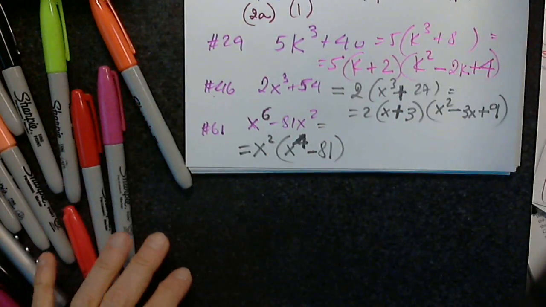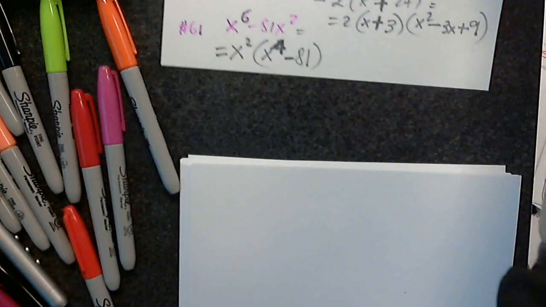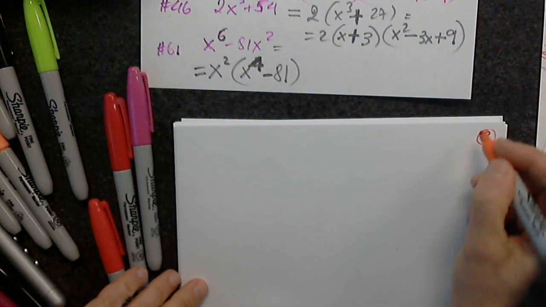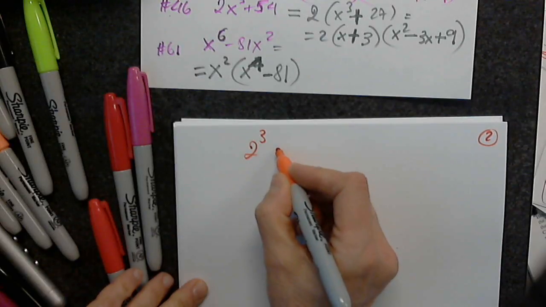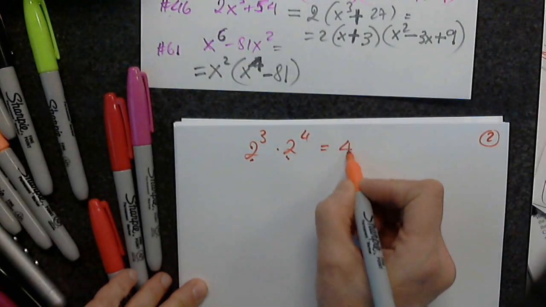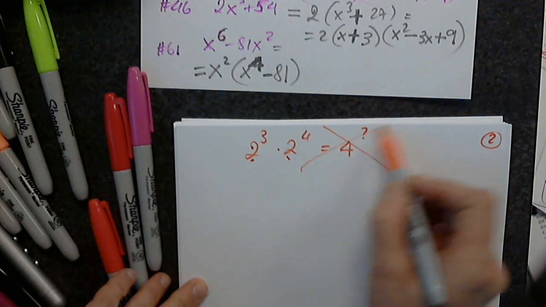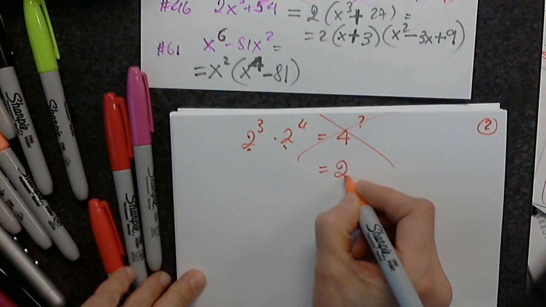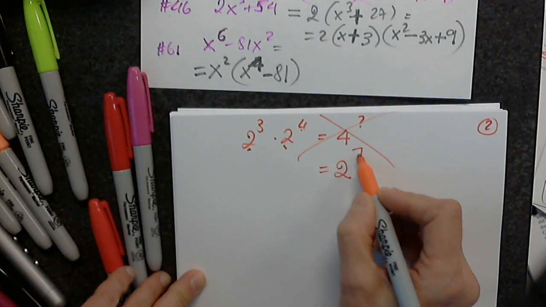So even before we finish this, I want to review this with you. Because 2 to the third times 2 to the fourth, you cannot multiply these two and say it's 4 to something. Not allowed. You can only copy the base and add the exponents.